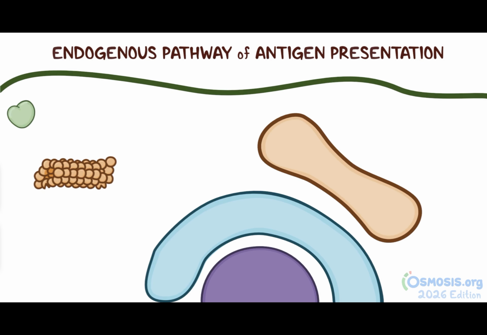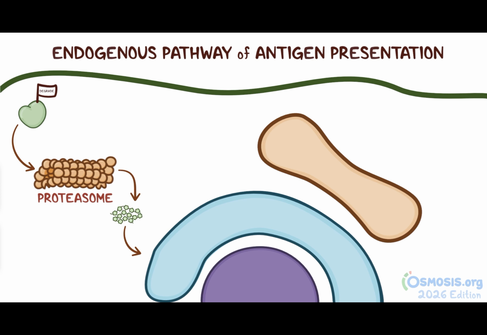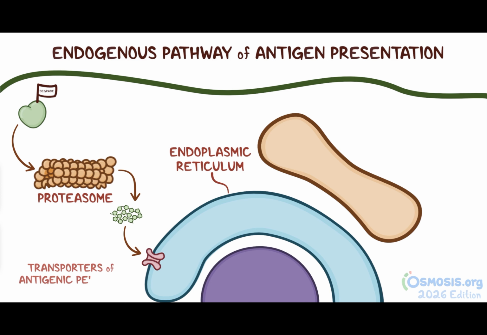When a cellular protein is marked for degradation, it's sent to an organelle called the proteasome, which is found in all nucleated cells. The proteasome degrades the protein into short peptide chains, which are then transported into the endoplasmic reticulum using proteins called transporters associated with antigen processing, or TAP for short.